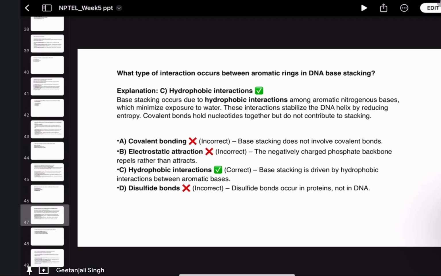B, electrostatic attraction. No, actually, the negatively charged phosphate backbones basically repel. They do not attract. There is no electrostatic attraction there. The hydrophobic interaction is the pi stacking between the nitrogenous bases. And disulfide bonds occur in proteins, not in DNA.